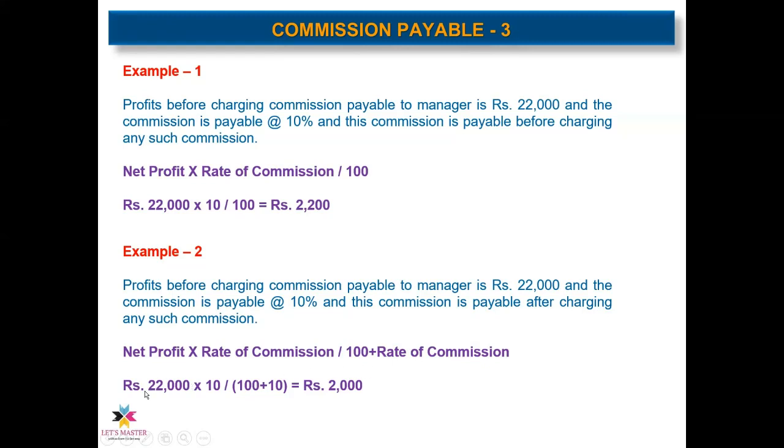So 22,000 multiplied by 10 divided by 100 plus 10, because the rate of commission is 10%. The amount we have computed, which is payable to the manager as commission, comes out to 2,000. So this is the difference between commission payable before charging any such commission and commission payable after charging any such commission. These are the two scenarios which you may come across in any question.